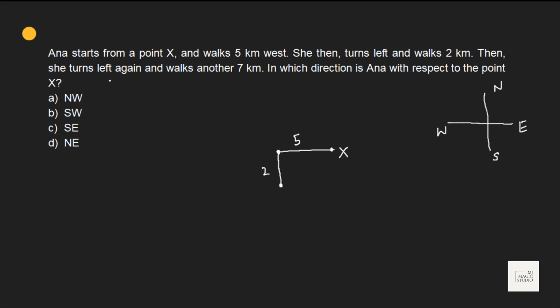She turns left again looking towards south, and moving towards left means moving towards our right, as I am sitting and trying to solve this. Another 7 kilometers. So 5, and this will be 2. So this is 7 kilometers. In which direction is Anna with respect to the point X?